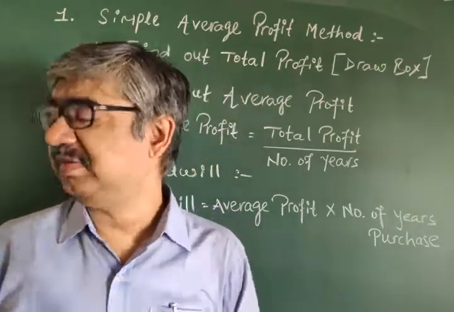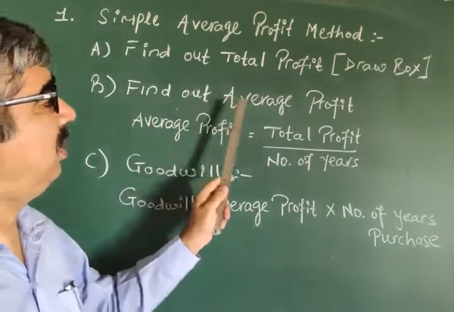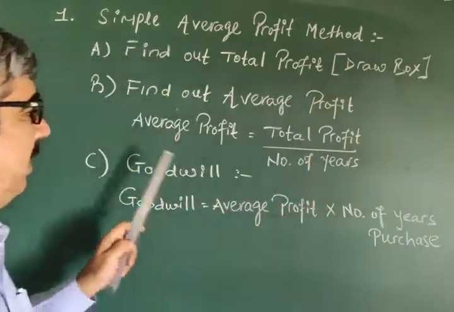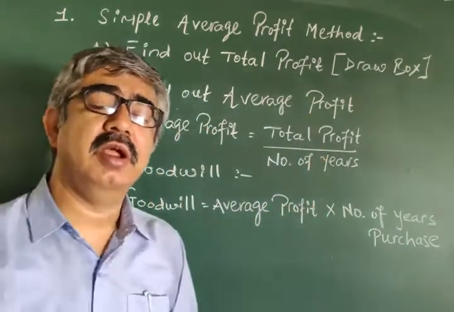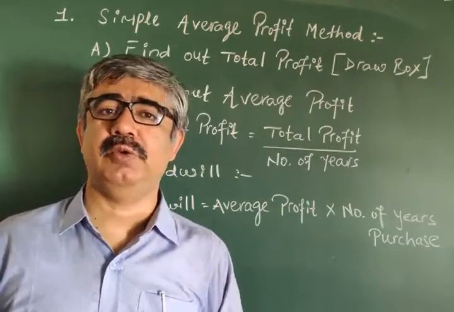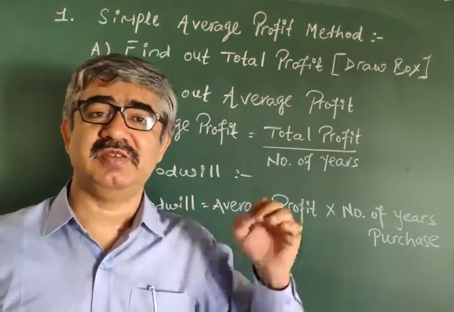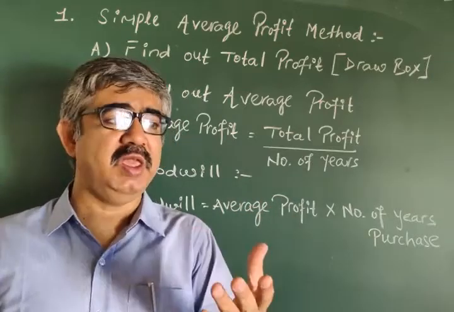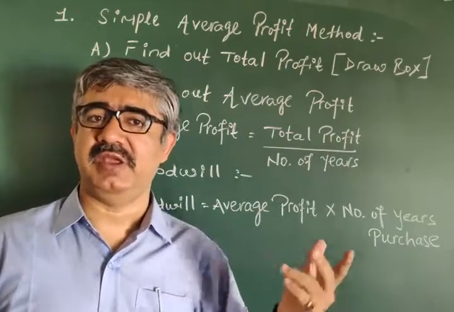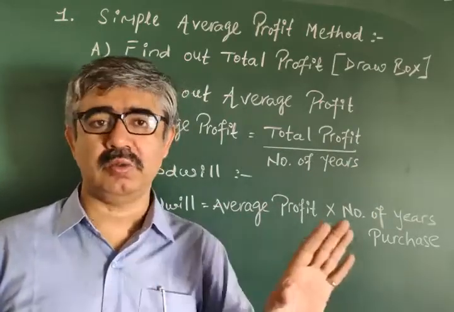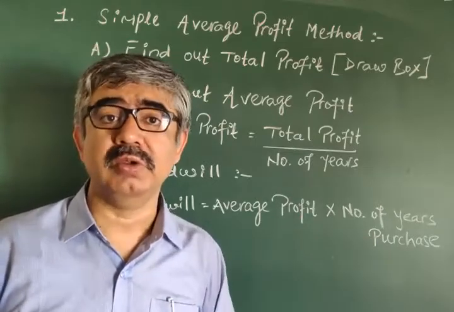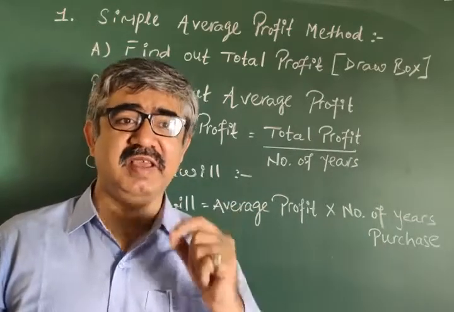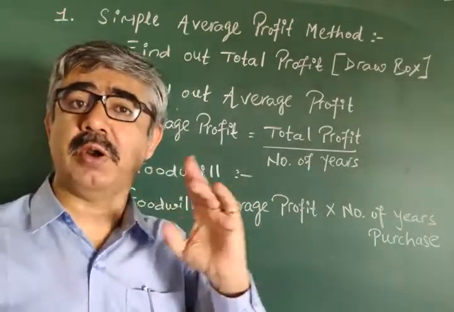Second step, find the average profit. For this you have to apply a formula. It is compulsory to write the formula whenever it is required. You may feel that without writing the formula we can get the answer, but it's not valid, because in the board answer key they may say give 1 mark for the correct formula.